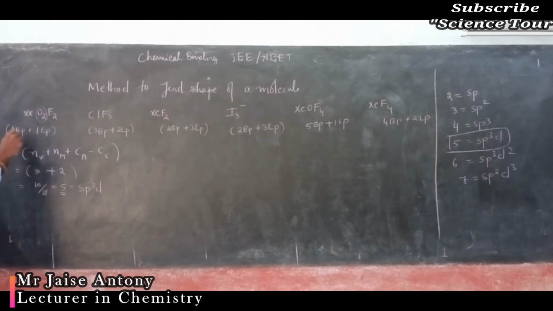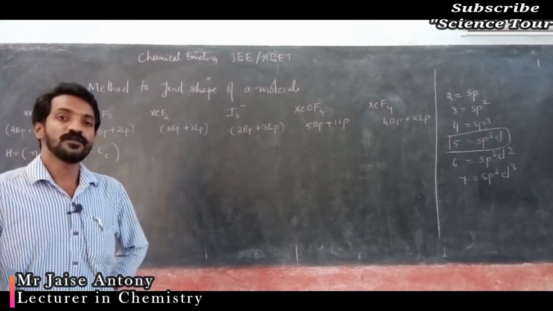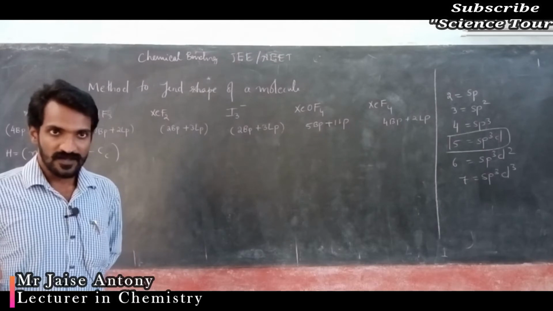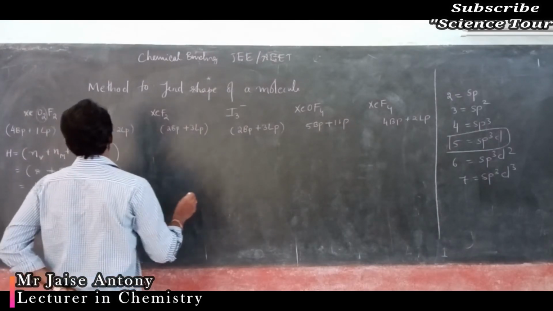How to find lone pair and bond pair? Just now I explained. Correct? That method. Okay. This is sp3d hybridization. sp3d is actually trigonal bipyramidal geometry. For example, I will write here, my dear students.